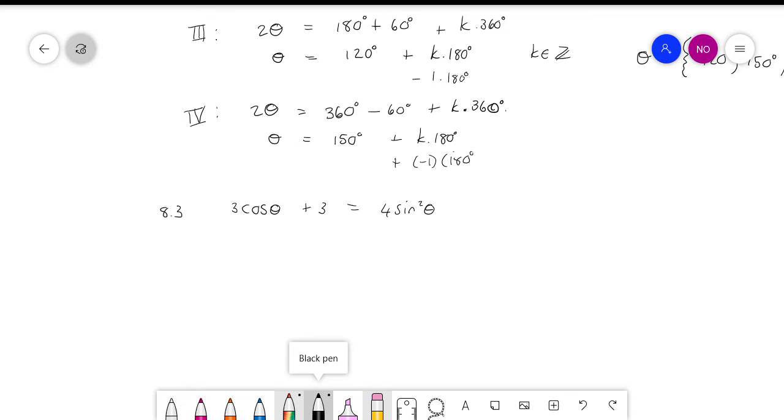So because we have two different functions, a cos and a sin, and one of them has a square, you're going to use your identity which says sin squared plus cos squared is 1. Okay, so in the place of that, I'm going to substitute my identity.